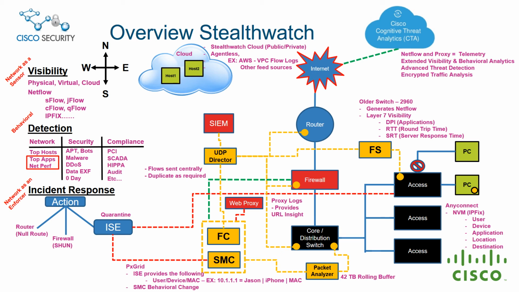But wouldn't it be nice if I could take that enhanced NetFlow data and leverage my Stealthwatch, two things that I may already have, and use that enhanced data to determine whether or not something bad is in my environment, communicating through an encrypted channel, without having to decrypt it.